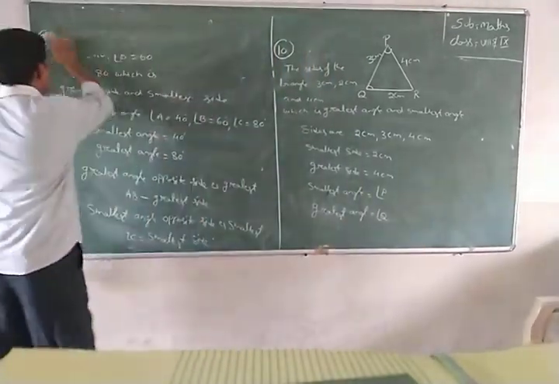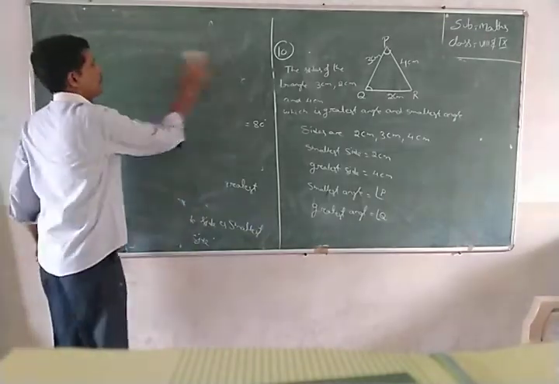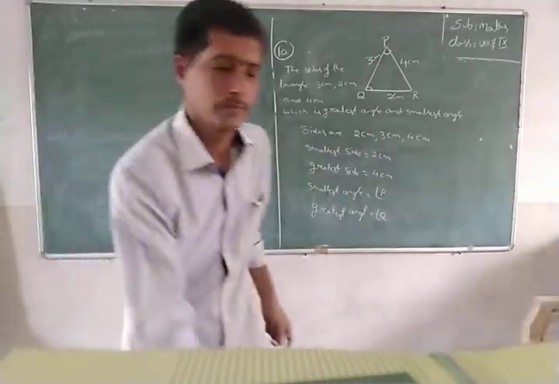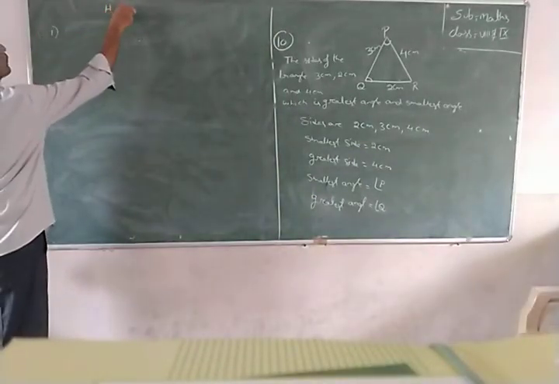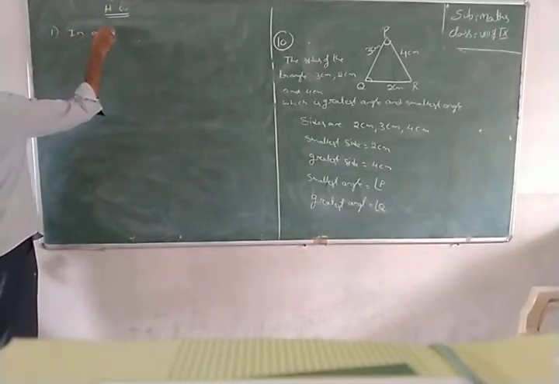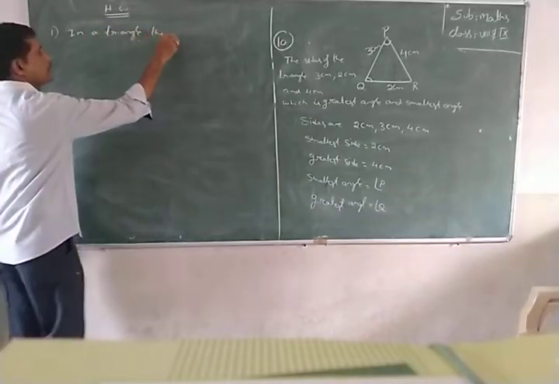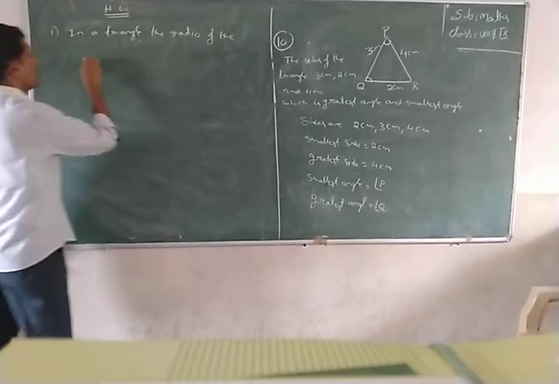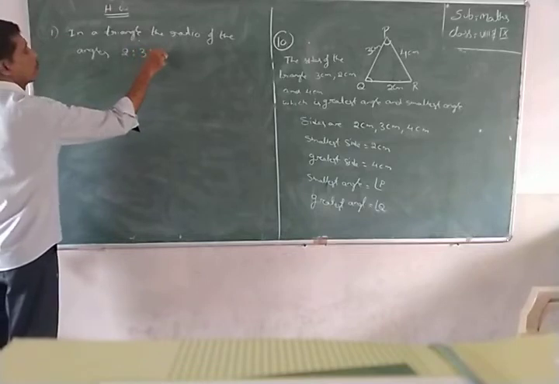Next, I give some homework problems, so you complete them. In a triangle, the ratio of the angles is 2:3:4.